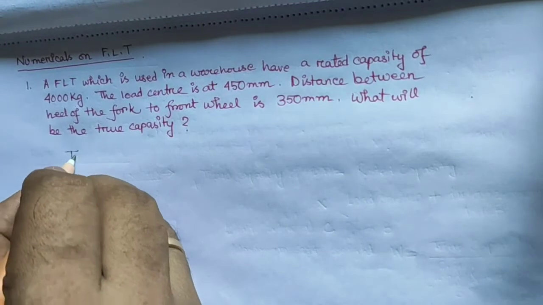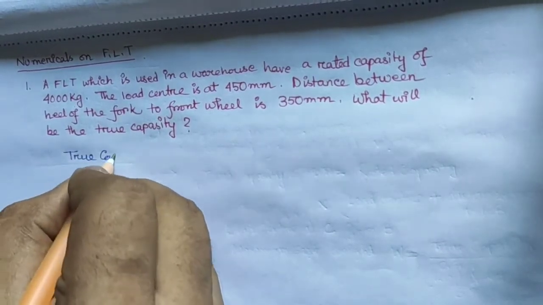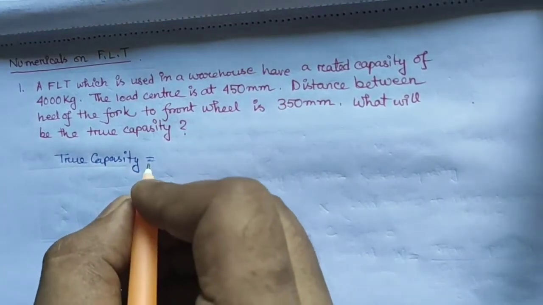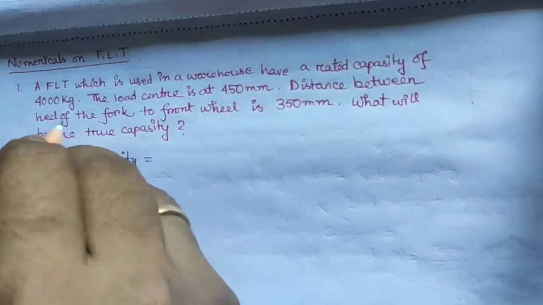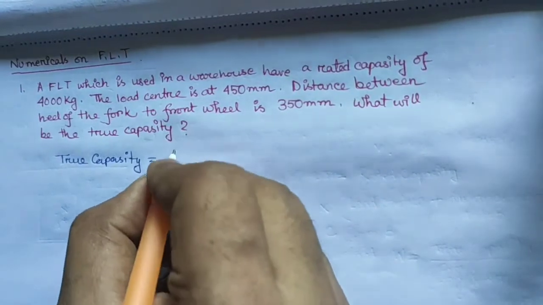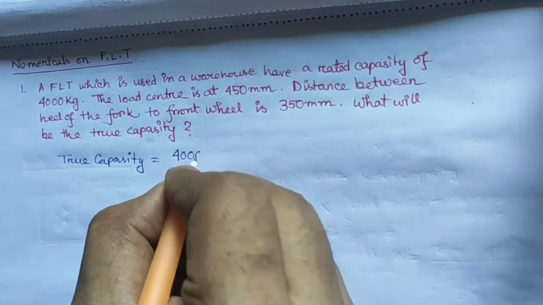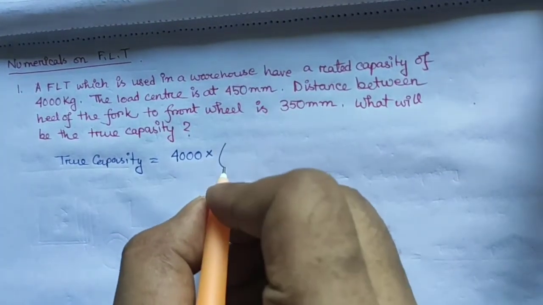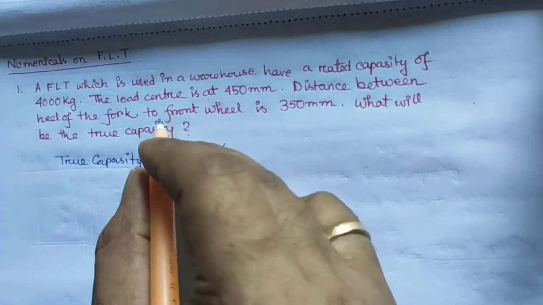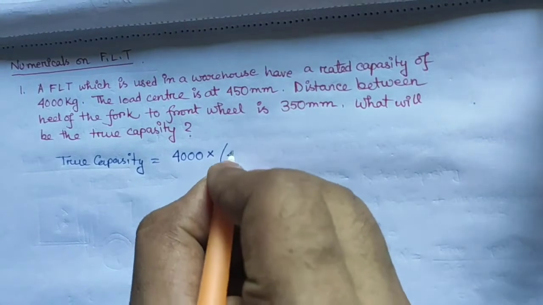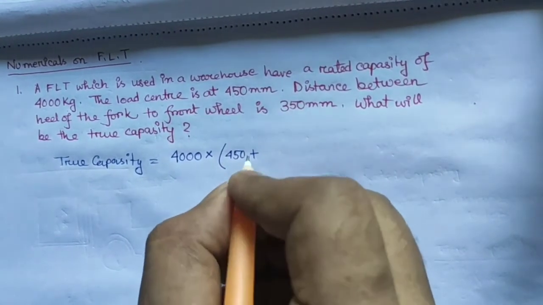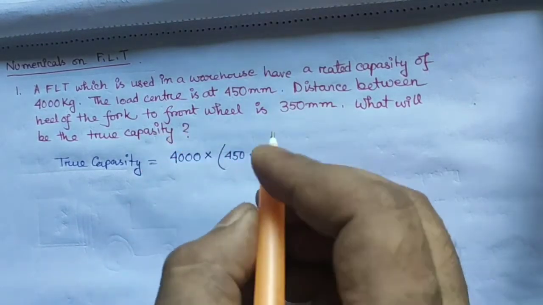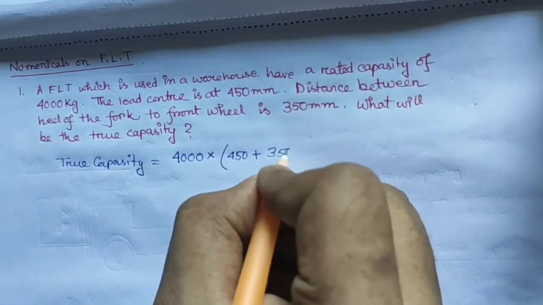That true capacity is equal to the rated capacity, 4000, into the distance of the load center, which is 450, plus the distance from the heel of the fork to the front wheel, which is 350.